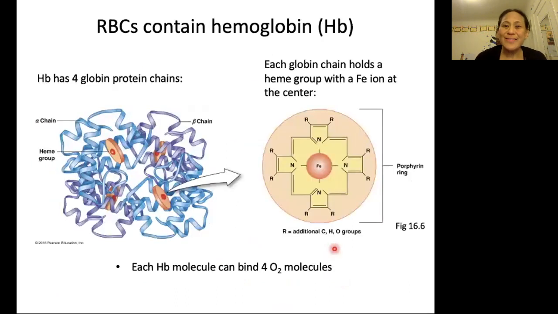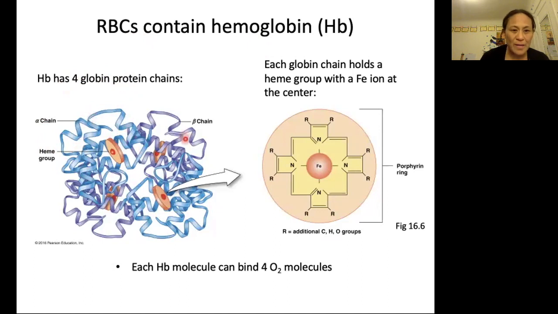Now let's take a closer look at this molecule, hemoglobin, that is in the red blood cells. Hemoglobin is a molecule that has a protein component and a non-protein component. Looking here, we can see that hemoglobin has 4 protein subunits.